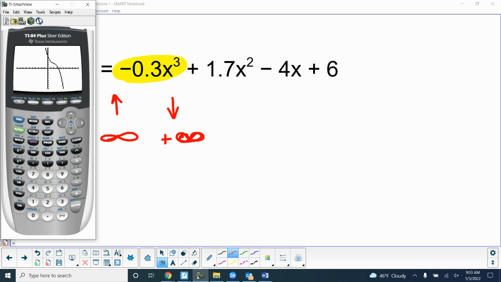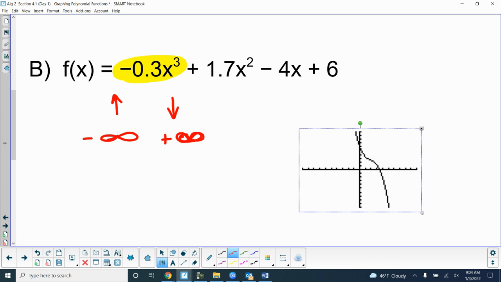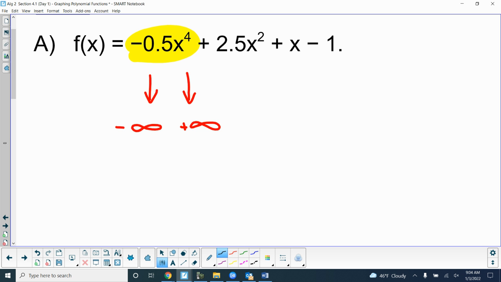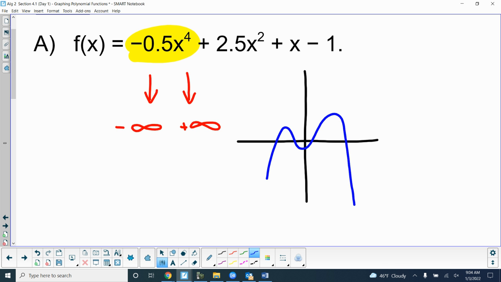Also, if we looked at this one, I guess I should have brought it out. Okay, but if you remember, this one looked like this. So it kind of went up and down and then up and back down, right? Kind of looked like that.